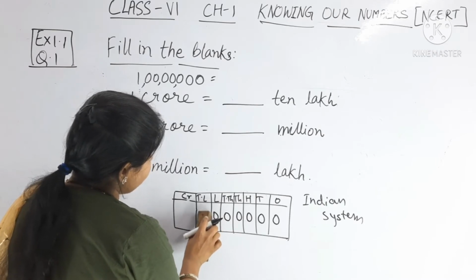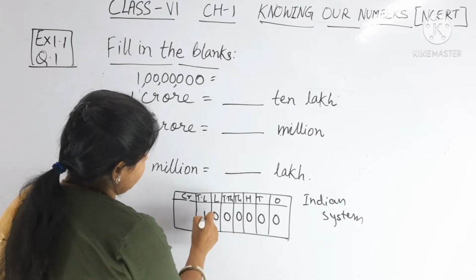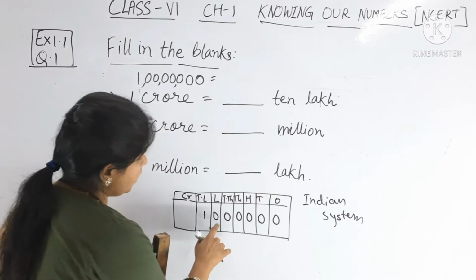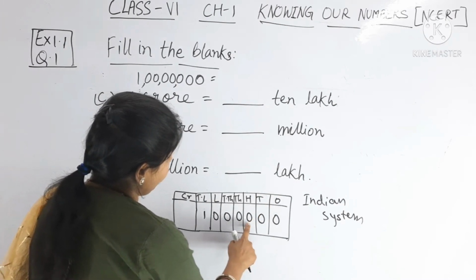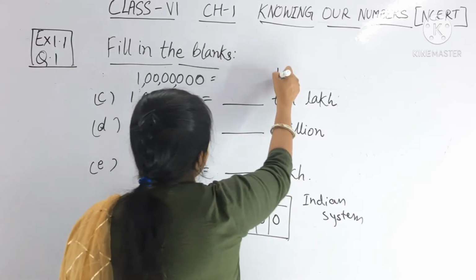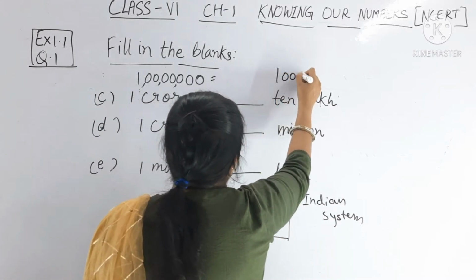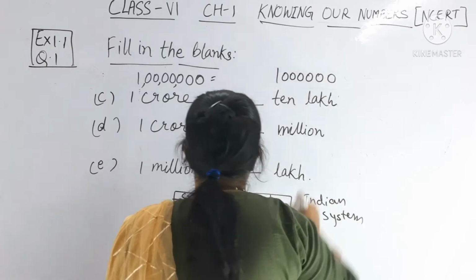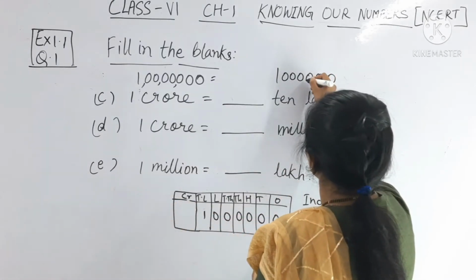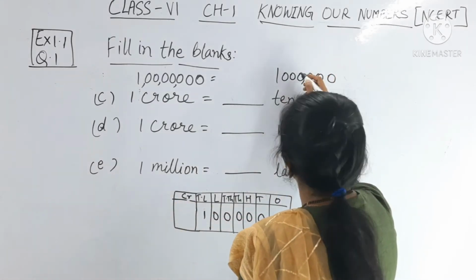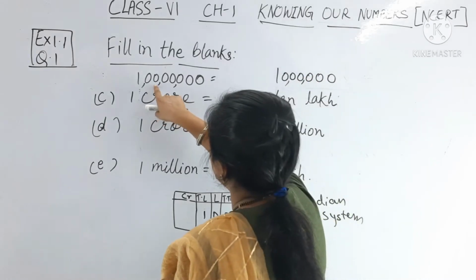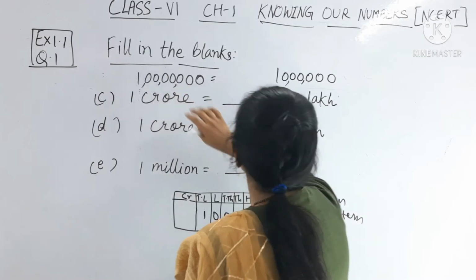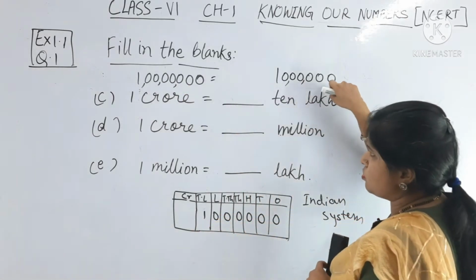and for 10 lakh we have to put 1 in the place value of 10 lakh, and the others will be 0. That is 1, 2, 3, 4, 5, 6. 6 zeros here. How do you put commas? Like this. So here are 7 zeros and here are 6 zeros.